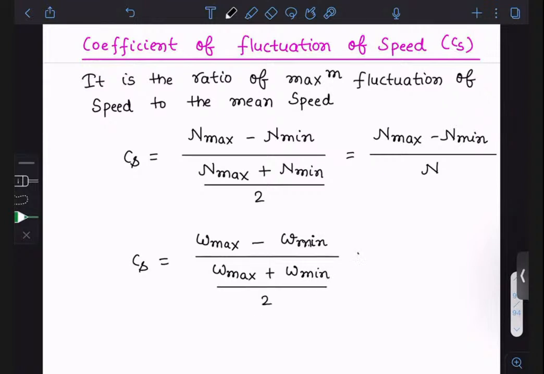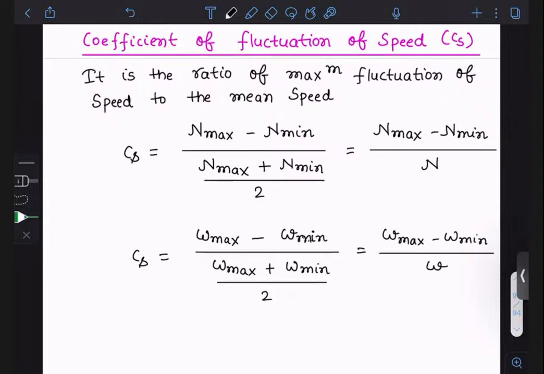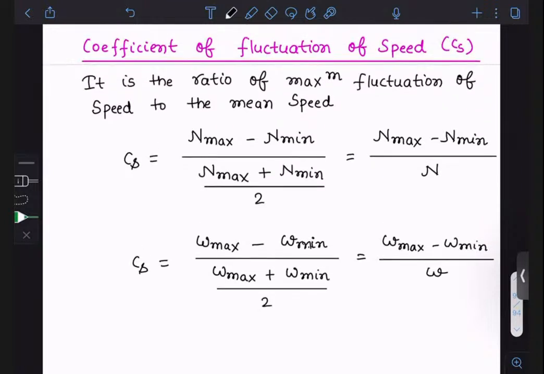Right? This is your omega max minus omega minimum divided by omega.